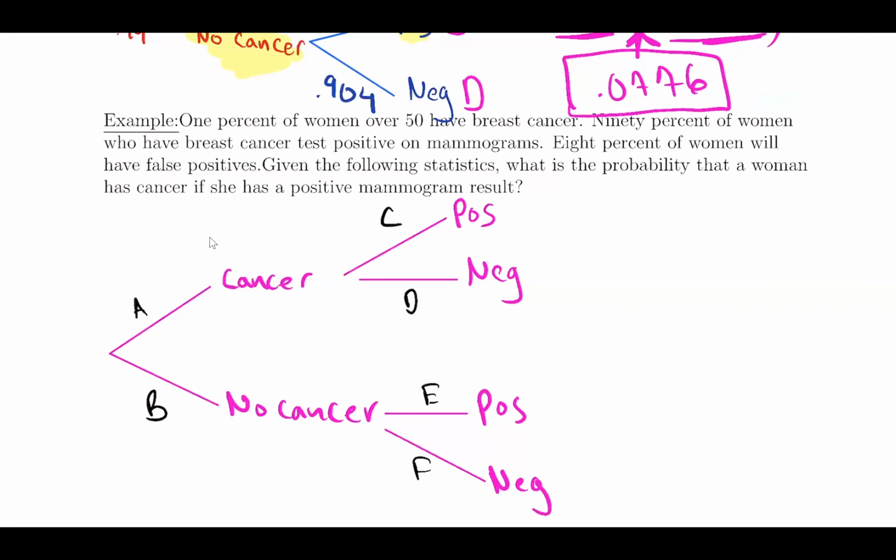So A should be, let me get a different color, 0.01, because it says 1% of women over 50 have breast cancer. So if 1% of women have breast cancer, what percent don't have breast cancer? 99. Yeah, that's 0.99.